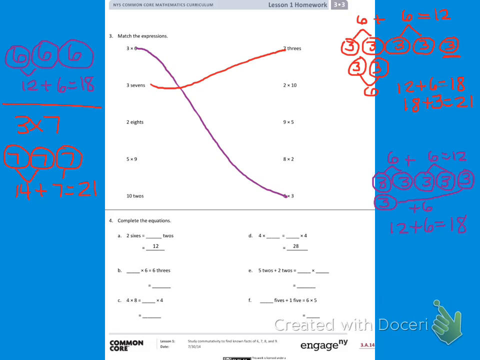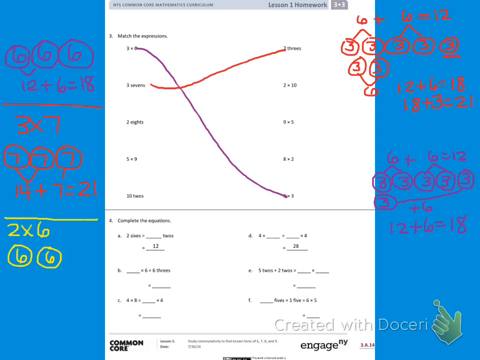Item 4, complete the equations. Item A, 2 6s is the same as blank 2's. If I draw that out, 2 6s would look like this. And I could write it like this, 2 groups of 6.